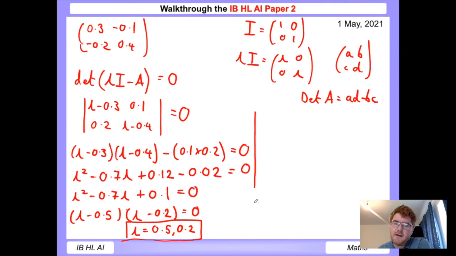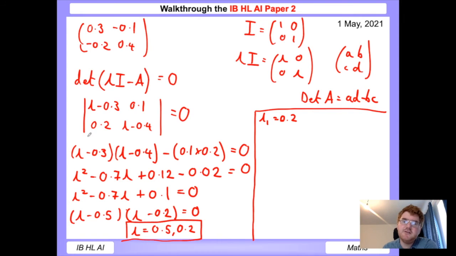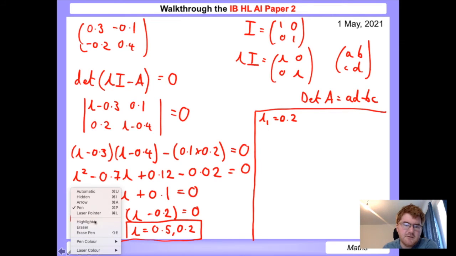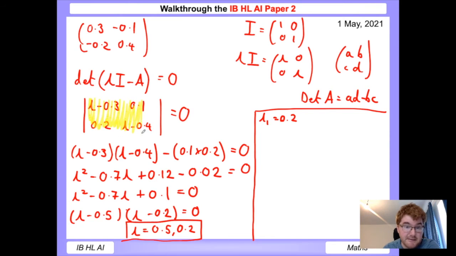Right, at this point we need to work out the eigenvectors that are associated. So let's choose one at random. Let's start with 0.2. What I'm going to do now is put 0.2 into my characteristic polynomial. This should all be familiar to you from the course. This is a standard procedure you simply need to know.